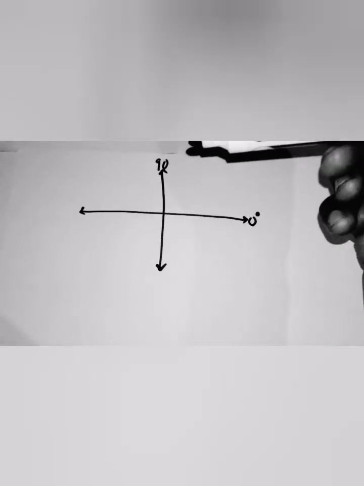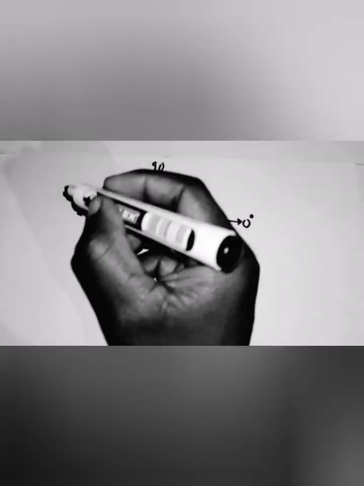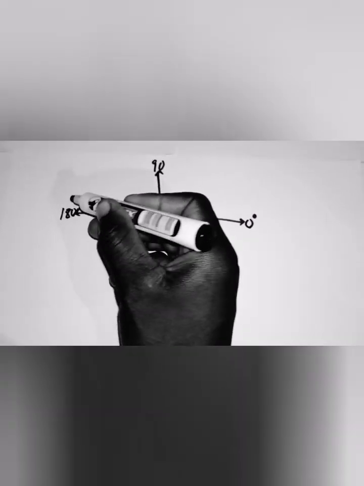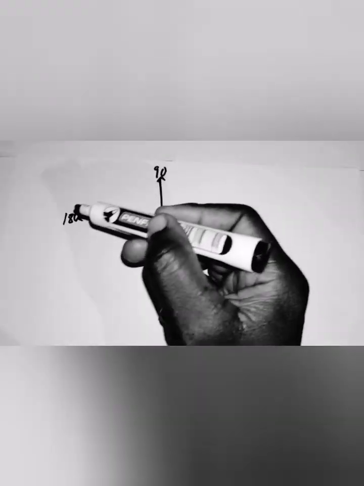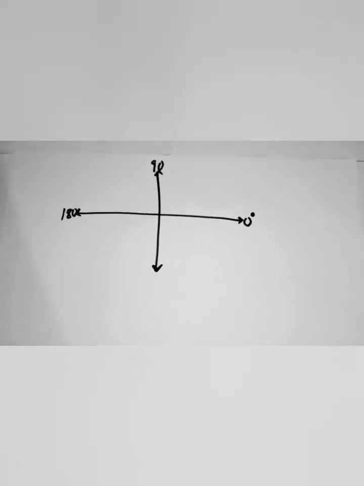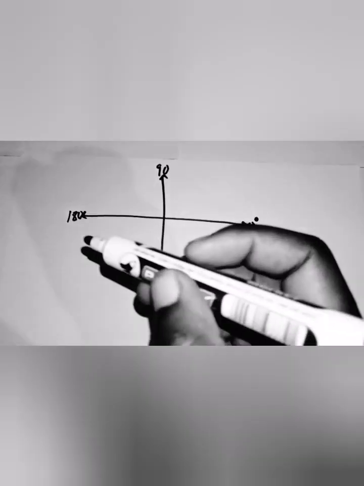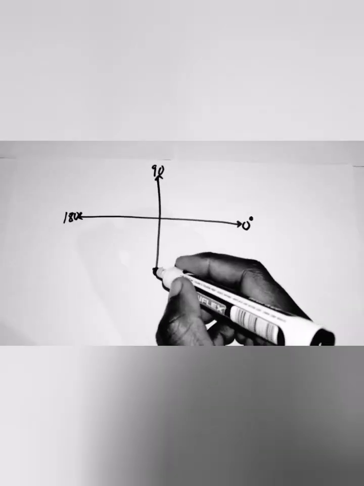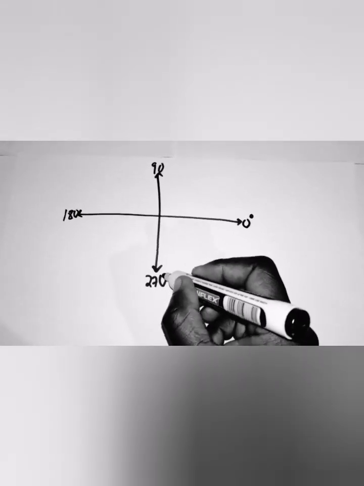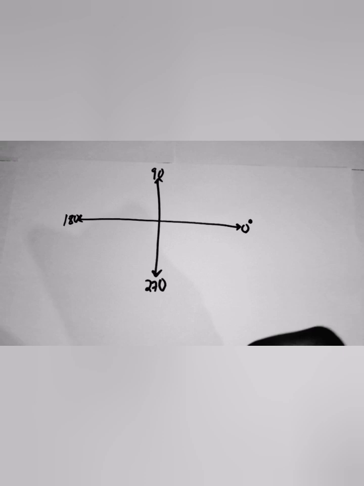Therefore 90 plus 90, we get 180. Then 90 plus 180, we're getting 270, which is the third quadrant.